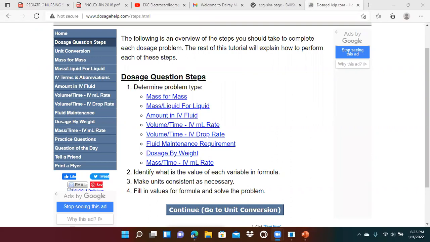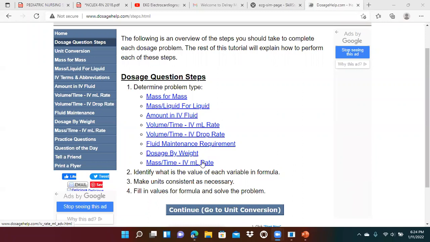First, dose question steps. Determine the problem type: mass for mass, mass and liquid for liquid, amount in IV fluid, volume over time (IV milliliter rate), volume over time (IV drop rate), fluid maintenance requirements, dose by body weight, and also mass over time (IV milliliter rate).